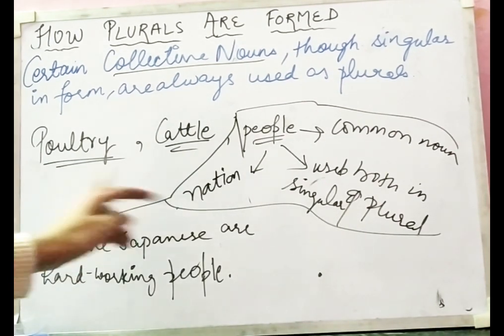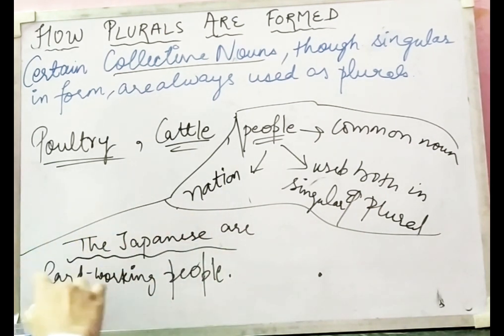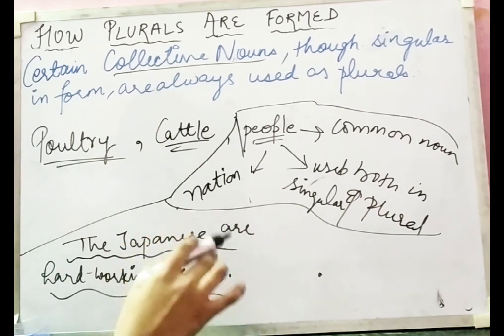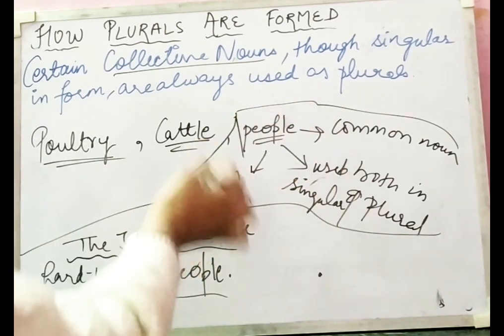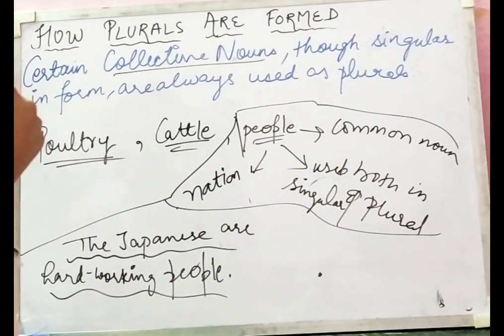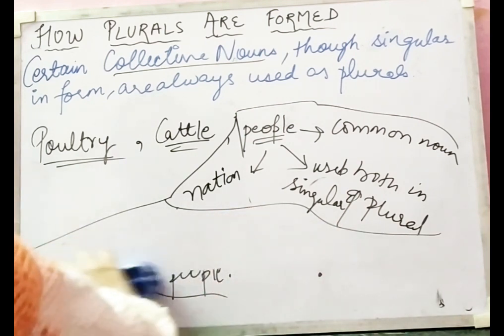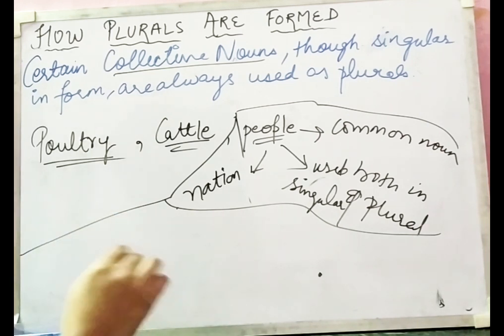Like here I have written example, like the Japanese are hard working people. Japanese जो है वो मेहनती लोग हैं. In this one example of people is covered, and now I have one more example to satisfy the above part, that is, there are many different peoples in Europe. Okay, I think this much is clear. There are many peoples in Europe.